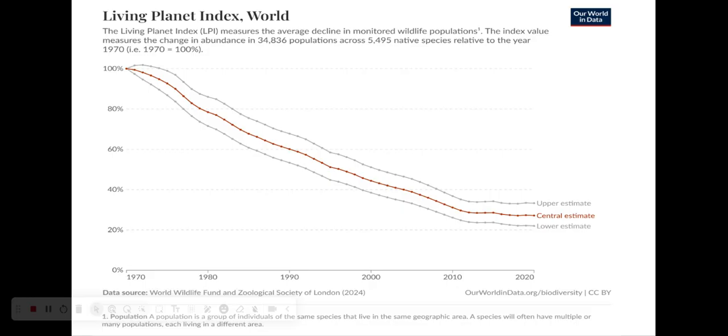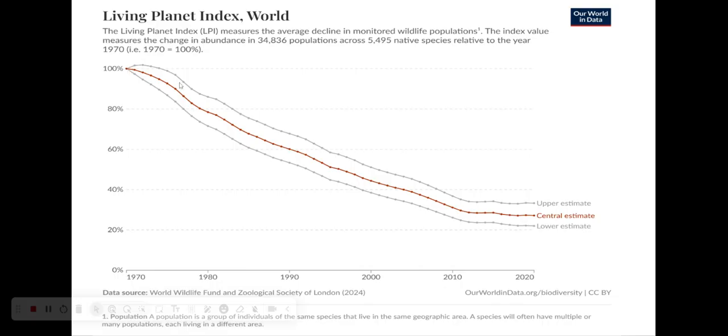So this is showing us the decline in monitored wildlife populations around the world. This index is measuring the abundance of about 34,000 populations across 5,000 native species relative to the year starting in 1970.